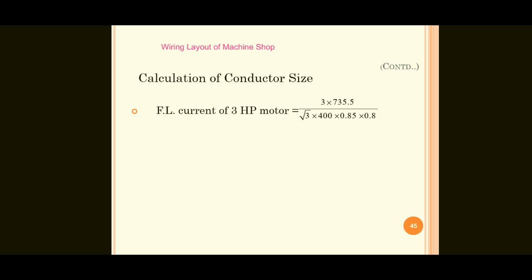So the full load current of 3 HP motor is equal to 3 into 735.5 by root 3 into 400 into 0.85 into 0.8. We will get the answer as 4.68 amps.